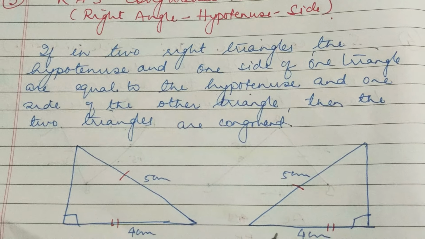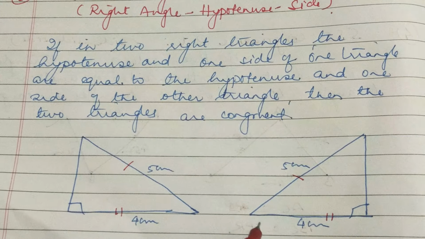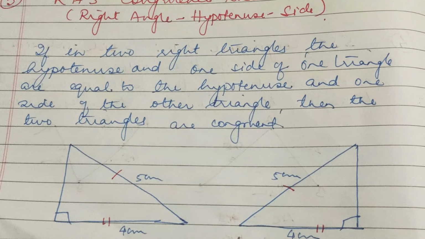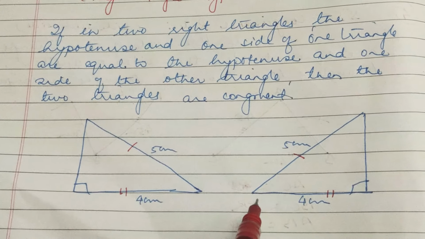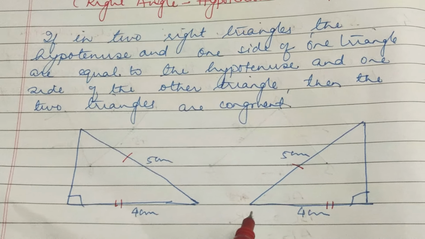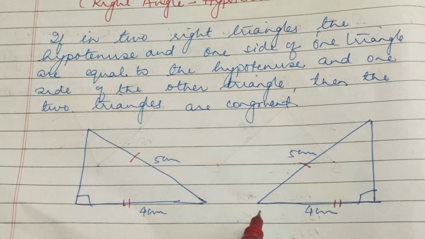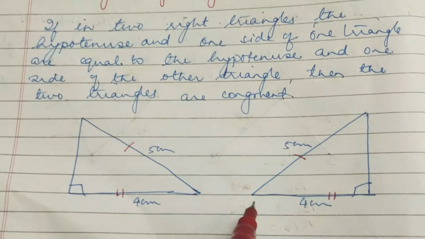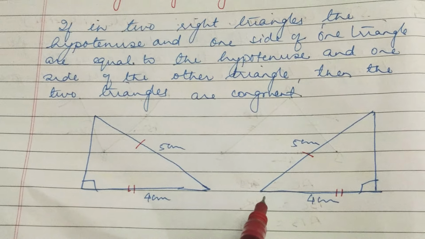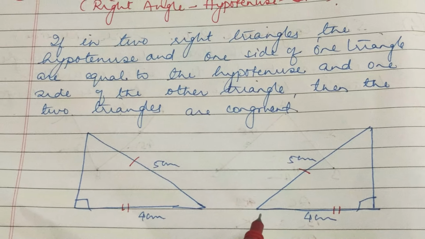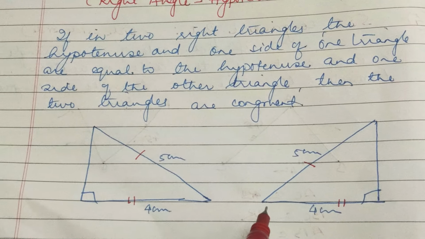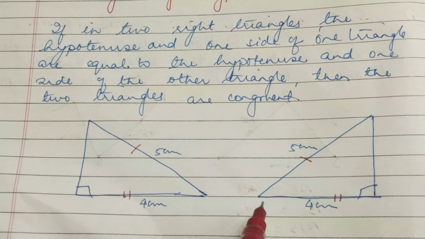So we have learnt about 5 congruency rules: SAS, side angle side, then ASA, angle side angle. SAS means angle is included between two sides, ASA means side is included between two angles. AAS, angle, angle, side, means two angles and one side of one triangle are equal to two angles and one side of the other triangle.